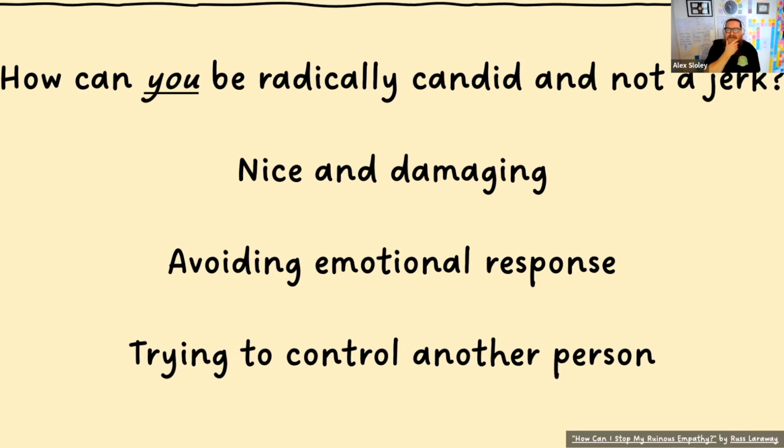Okay, so remember this. Giving ZFG does not mean being a jerk, but it definitely involves being radically candid. Because if you're not radically candid, you're going to hurt that person. Okay, so what's a way you can be radically candid without being a jerk?